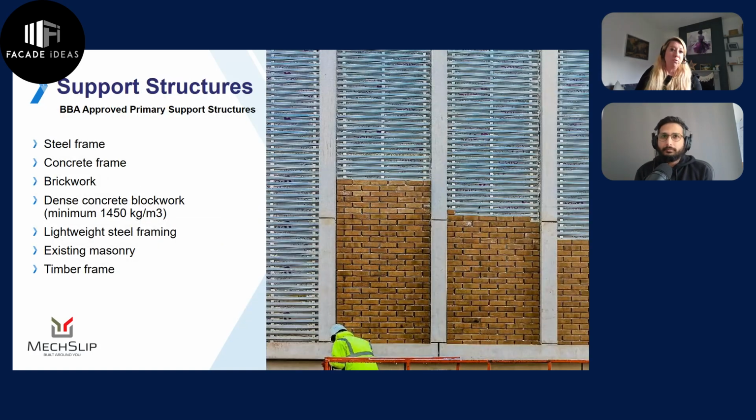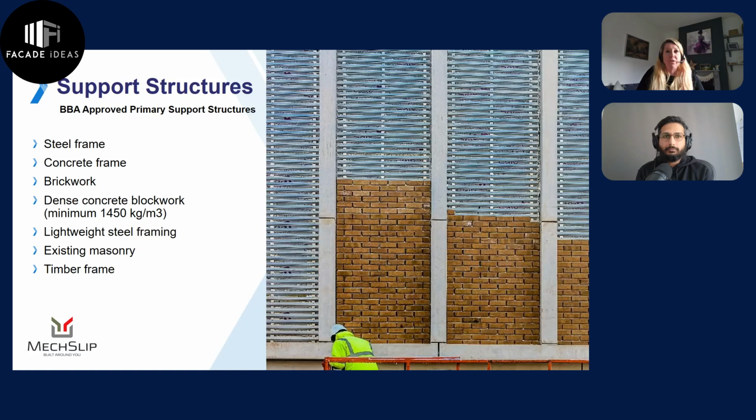So when we're looking at support structures under our BBA accreditation, there are quite a number of primary support structures that we can apply this system to, and that's why a bracket and rail system lends itself very well to a brick-faced facade. It can typically be supported by nearly all primary structures.